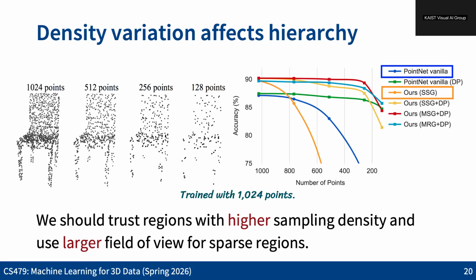And then we need to rely on a very small number of points. Because of the architecture, where we take points in a local region, as we reduce and miss lots of points in the input, that affects the accuracy a lot.